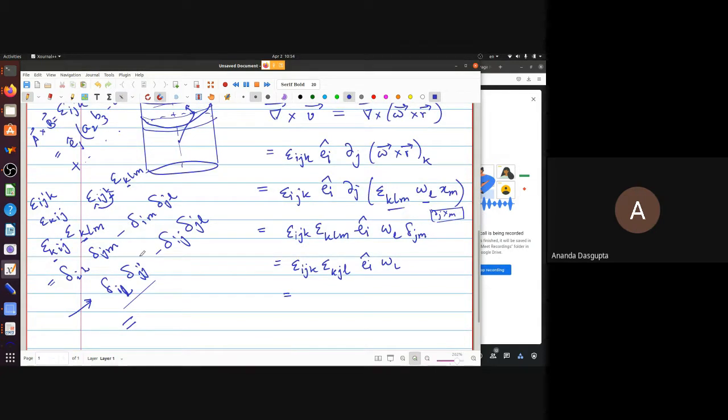It is 3, right? Because there are 3 values of J. It's delta 1,1 plus delta 2,2 plus delta 3,3. So that's 3 delta IL. How much is the second term? That's delta IL. So this is actually 2 delta IL.